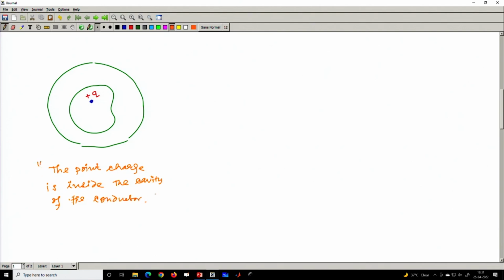That is the situation we have: a conductor, and inside that cavity we have the point charge.